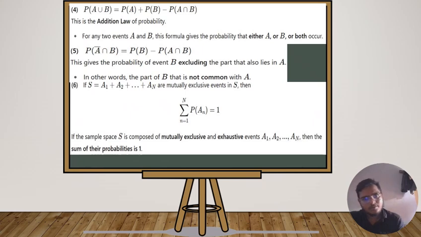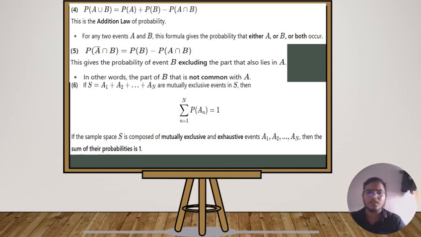The important fourth property, which we use a lot, is P of A union B equal to P of A plus P of B minus P of A intersection B. Previously we saw throwing a die with event A as getting 4.